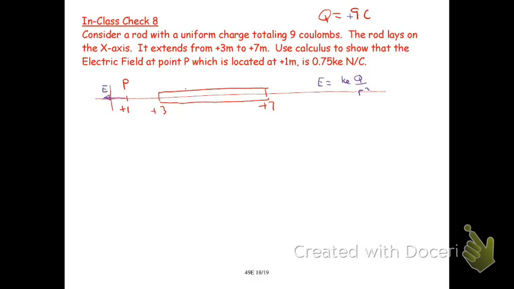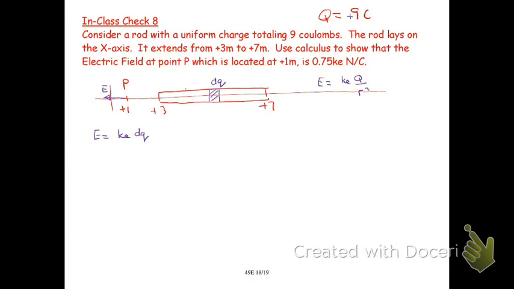But now, I'm not going to deal with all of it. I'm going to deal with a little bit of it. So let's visualize. This is my little dq. It actually is something. So in this case, my electric field is equal to Ke, not Q, but dq, over R squared.